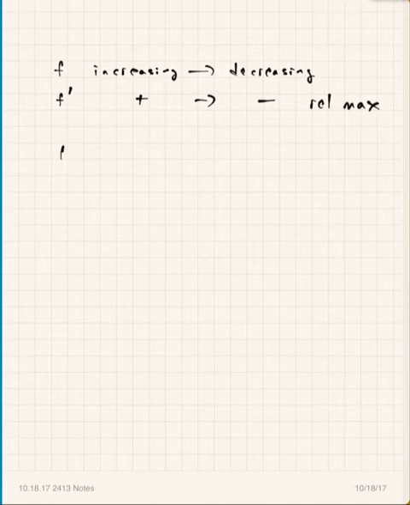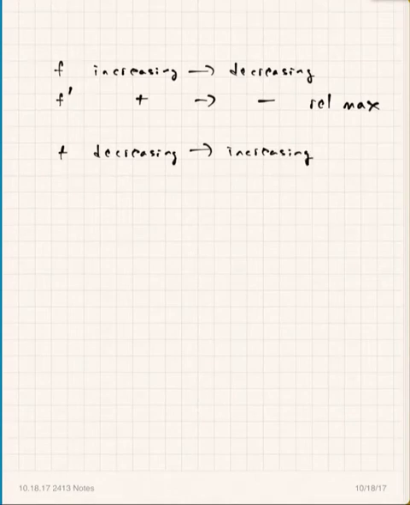When the function changes from decreasing to increasing at a point, then the derivative of that function changes from negative to positive, and you get a relative minimum.